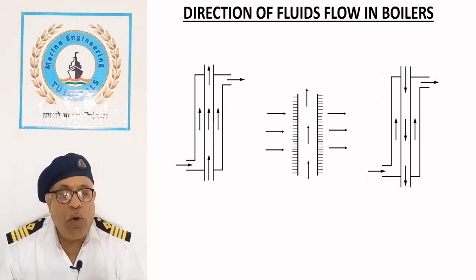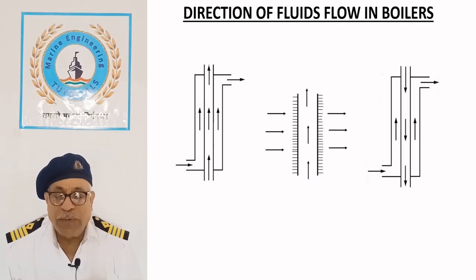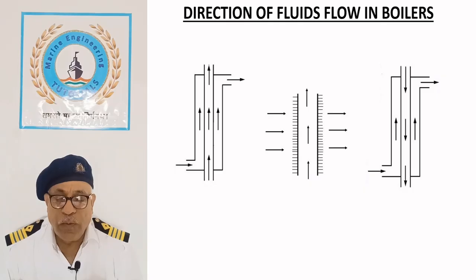Direction of fluid flow in boilers. This sketch illustrates the flow of fluids in different types of heat exchangers used in boilers. In boilers, the flow of one fluid, either flue gas, water, or steam, takes place through the tubes while the other fluid flows around the tubes.